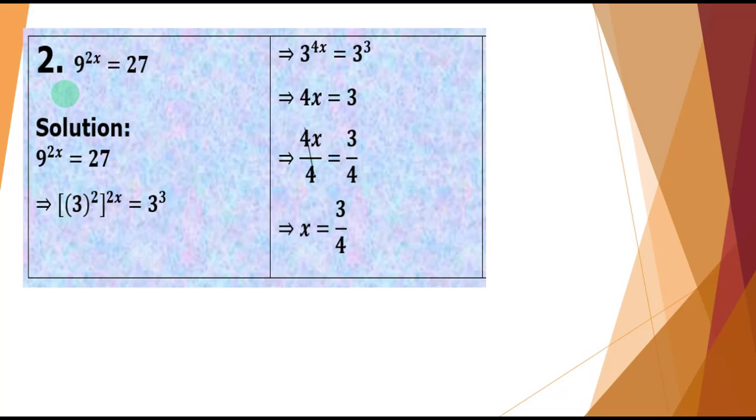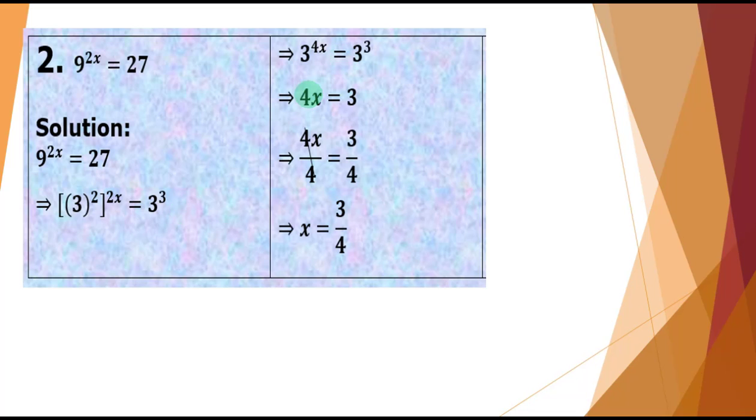Moving on to number 2, we have 9 raised to 2x equals 27. Solution: again, let us express 9 as 3 squared. Copy 2x. And 27 is a perfect cube, so we express it as 3 raised to 3.